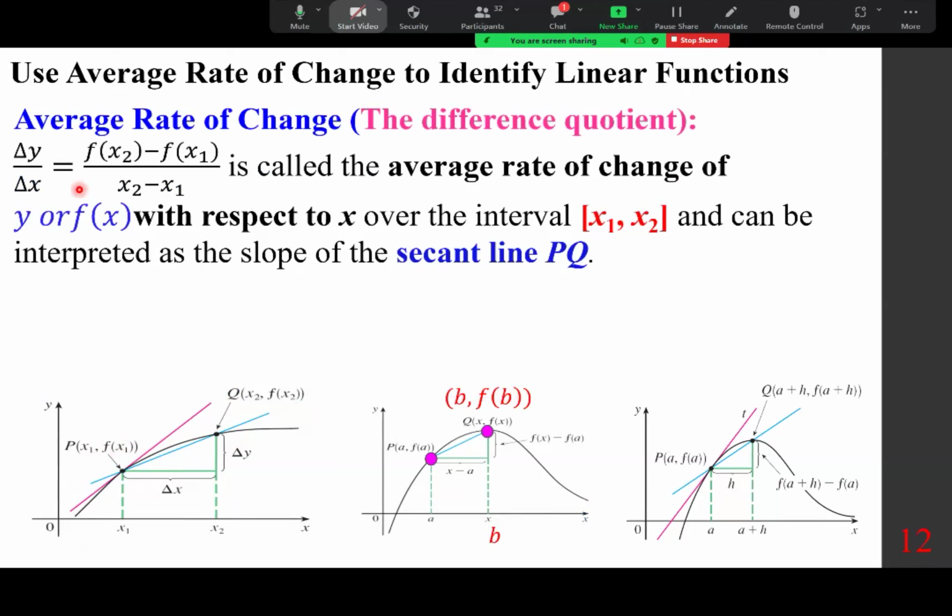Delta y over delta x is f of x sub 2 minus f of x sub 1 over x sub 2 minus x sub 1, called the average rate of change of y or f of x with respect to x over the interval of x sub 1 to x sub 2, and can be interpreted as the slope of a secant line PQ. This line is called the secant line, everybody.